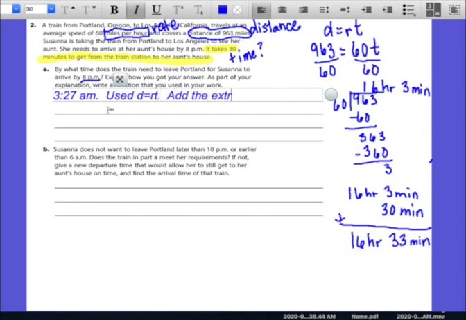And in order to do that, we added the extra 30 minutes to the 16 hours and 3 minutes, and then counted backwards from 8 p.m. to ensure that we would arrive at her house on time.